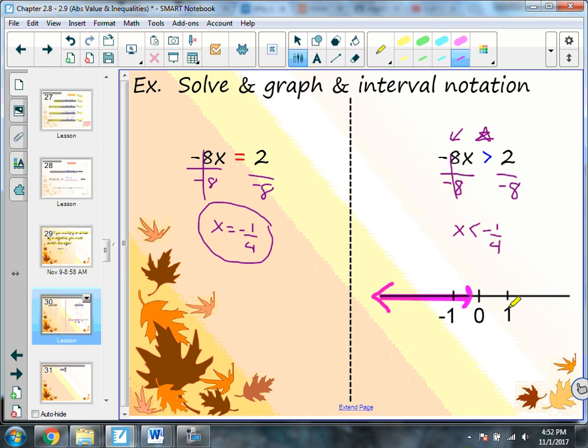And so when I list the interval notation, it's parenthesis -infinity to -1/4. And that gets a parenthesis as well because I can't equal -1/4. So the graph is right here. The interval notation is right here. So we're not going to leave our answer as an inequality.